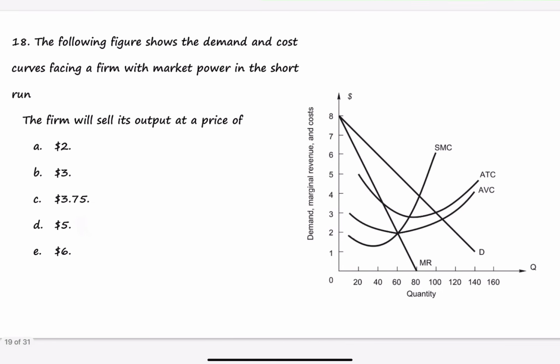The firm will sell its output at a price of, so this is just a continuation of question 17. So marginal revenue equals marginal cost at Q equals 60. So we already said this. We're going to go up to demand because we don't actually have a curve to plug it into mathematically.